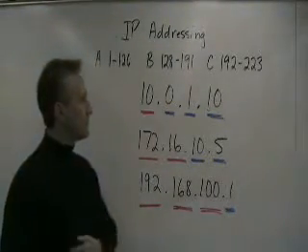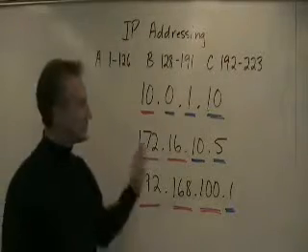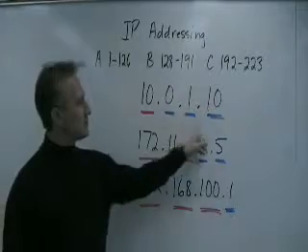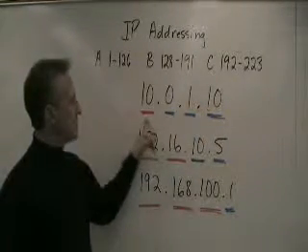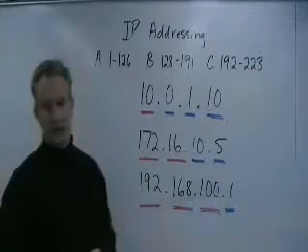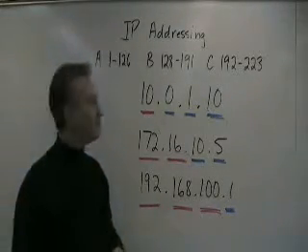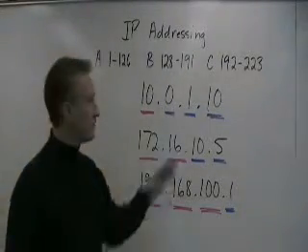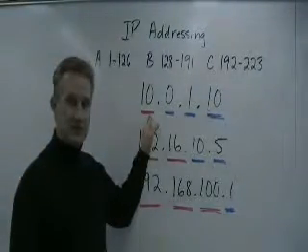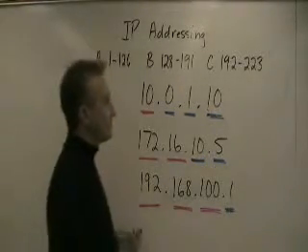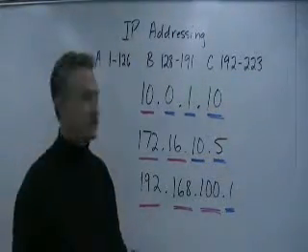Part of the reason for that is there are implications that this division has. For example, if I look at this address here, because I only have this octet to use for networks, and I only have that range of numbers for that class, that means I only have that many possible networks for a Class A address.